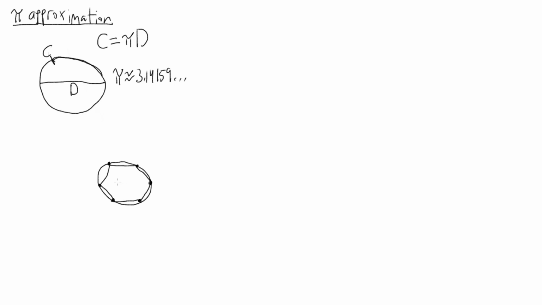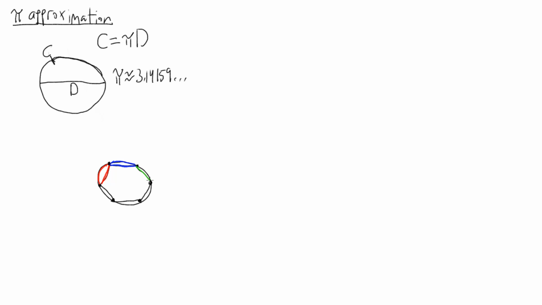Let's think about how this hexagon allows us to approximate pi. So if we look at it, to a first order approximation, this length is less than this length, but if I drew it better, it would be fairly close. Similarly, this length is approximately this length to a first order approximation.